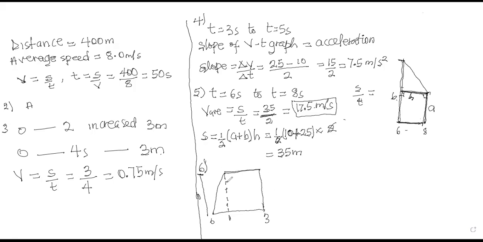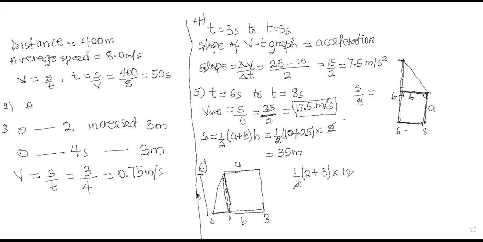So the area of a trapezium, this is A, from this point to this point is B. So half, A is equal to 2, 3 minus 1, plus B is 3, times the height, which is perpendicular to both A and B, is 10.